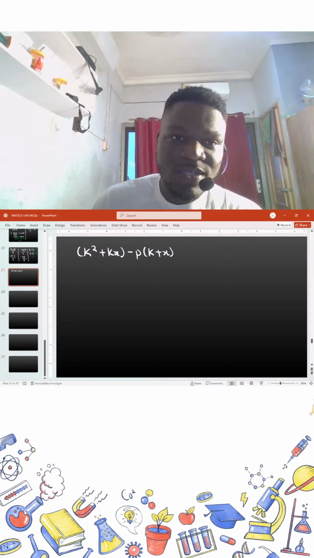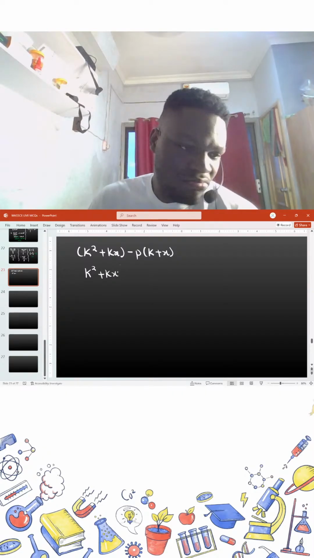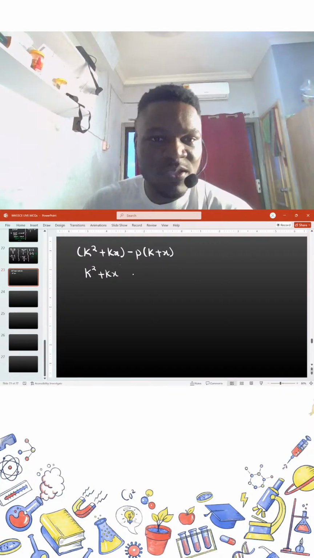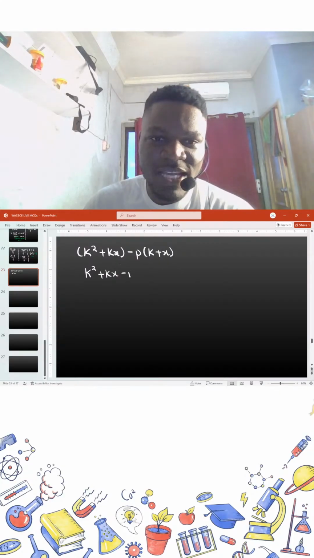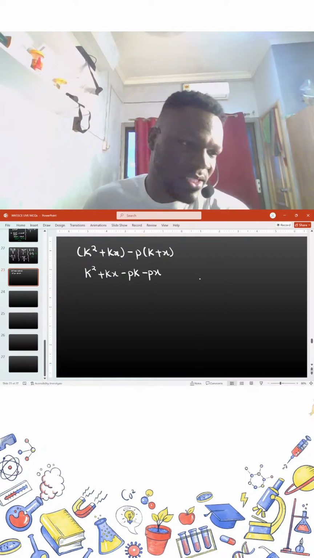The first thing I do is maintain my first expression because I need to expand the other side. So I have here k squared plus kx. You can keep it in the bracket or leave it. Then I use the negative p to multiply through. I'll have negative pk, and negative p multiplied by x gives negative px. So this is now the expression that I have.